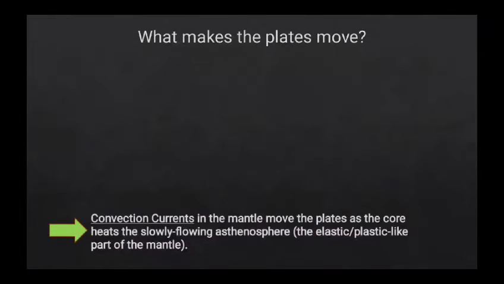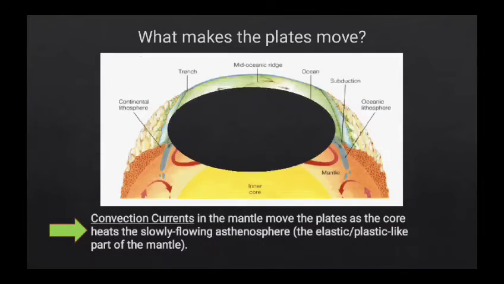Convection currents in the mantle move the plates as the core heats the slowly flowing asthenosphere, the elastic, plastic-like part of the mantle. So, ito yung movement kung bakit gumagalaw ang plates. Ito yun, tinatawag na convection currents.